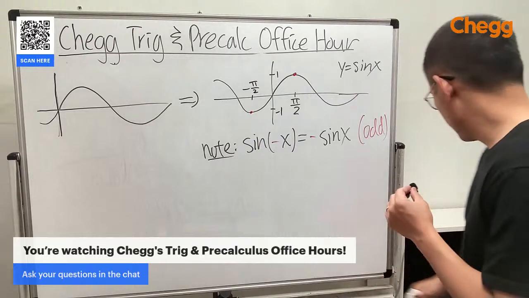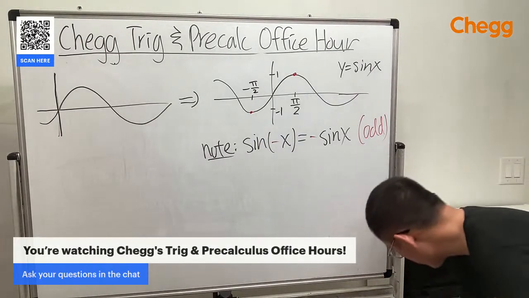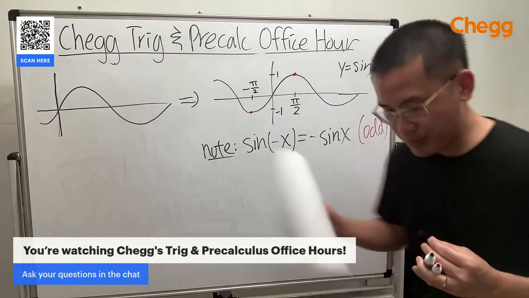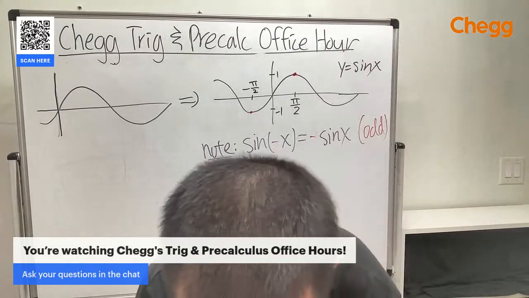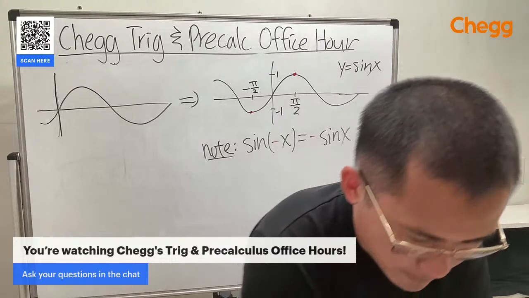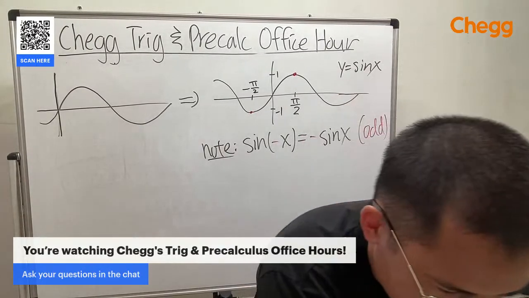So imagine, I'm going to get a piece of paper real quick. I will do this for you. So just give me a sec. I'm going to rotate this for you.